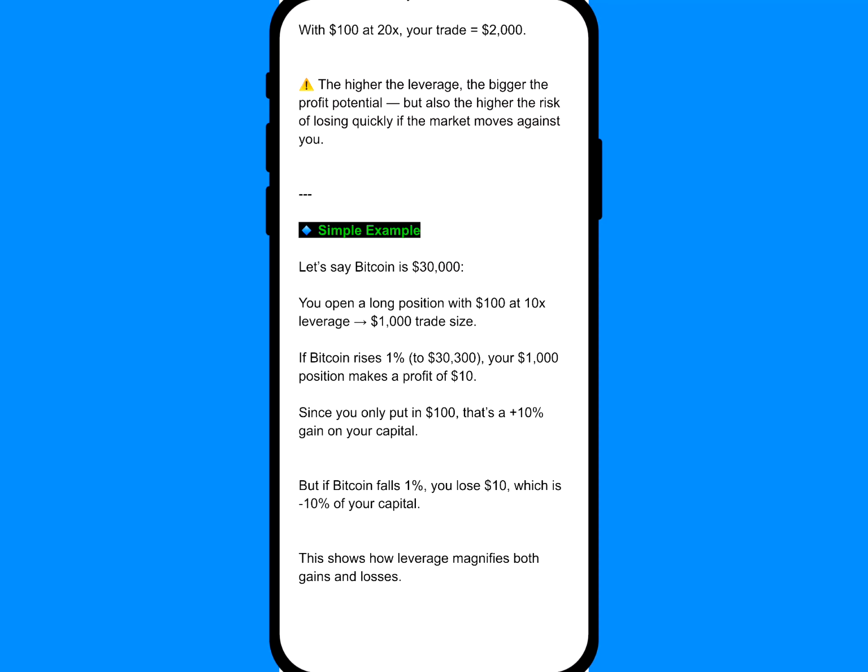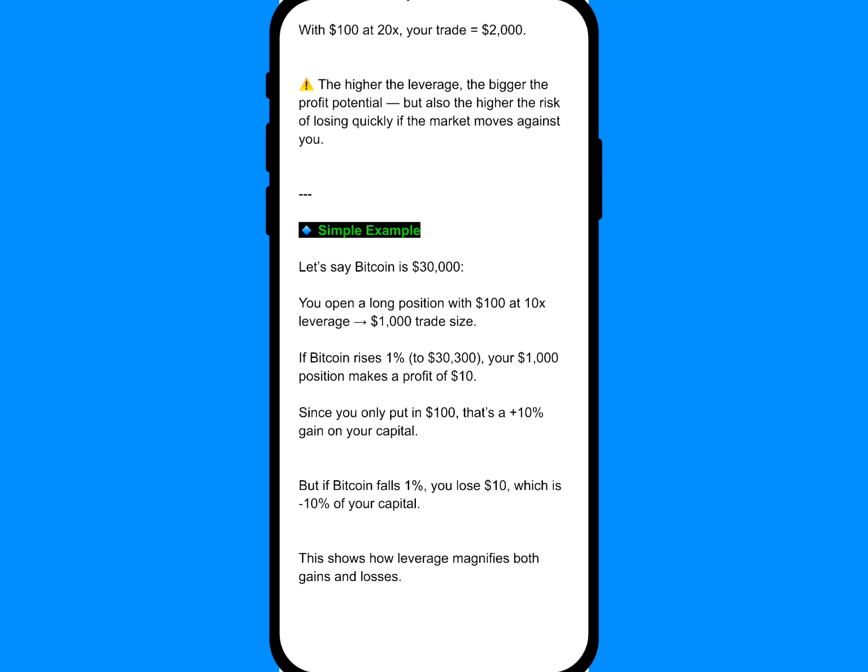Since you only put in $100, that is a 10% gain on your capital. But if Bitcoin drops by 1%, you lose $10, which is 10% of your capital. So you need to understand the risks and the profits involved in futures trading. This shows how leverage magnifies both gains and losses.